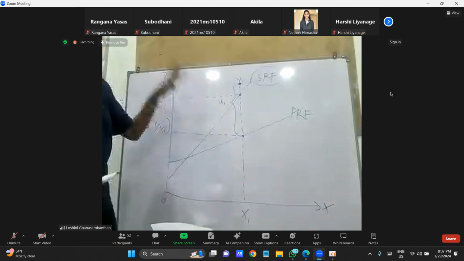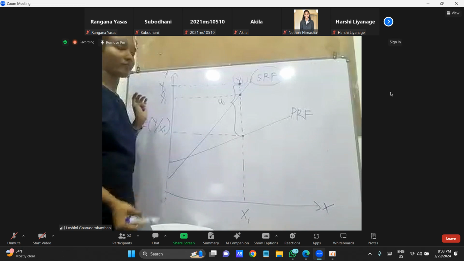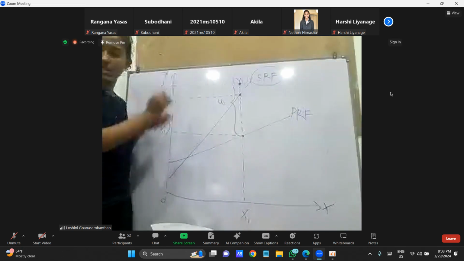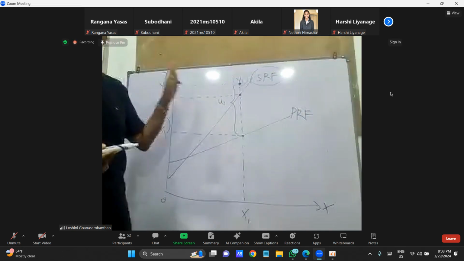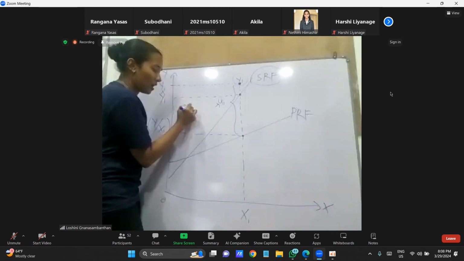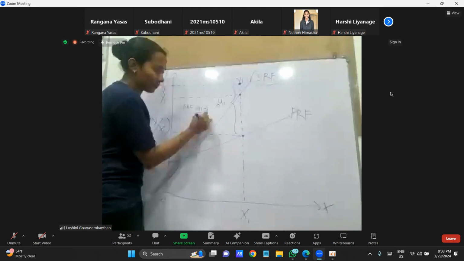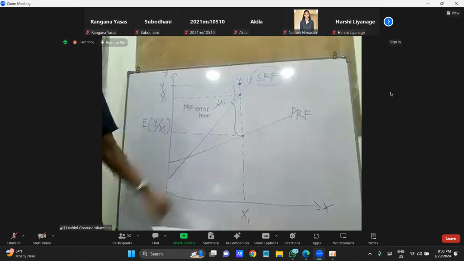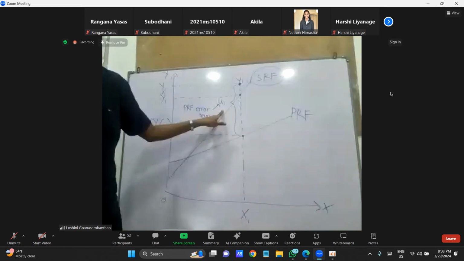In that we had the Ui. After adding the Ui, it's correctly Yi. So this whole distance is Ui. For this point, this is the PRF error term.